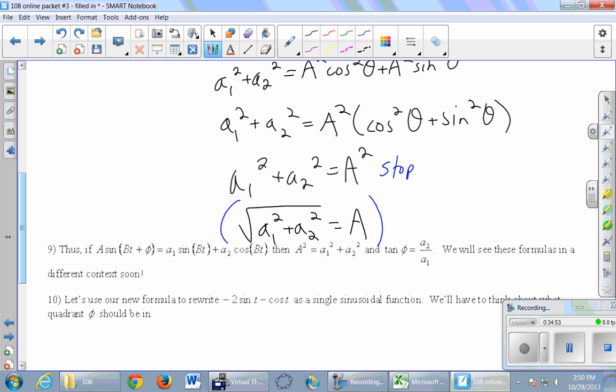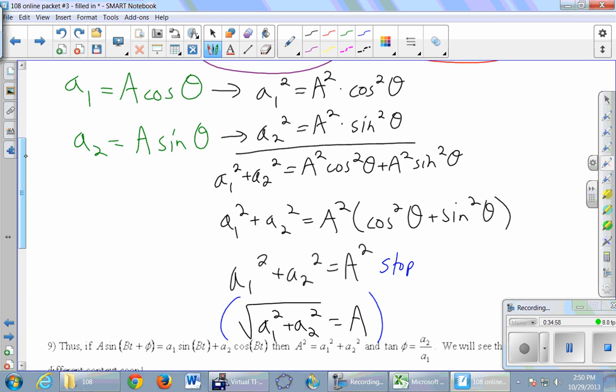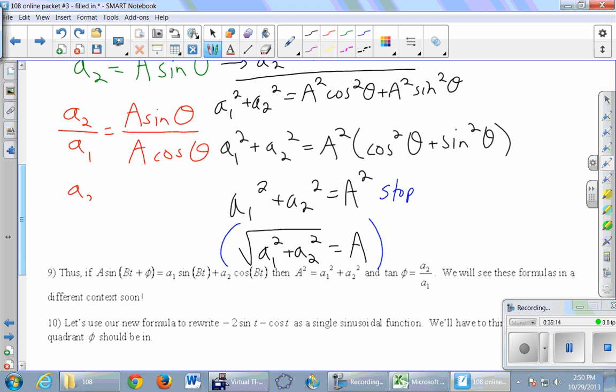And then to find theta, it's actually easier. So let's go back up to my two green equations here. I'm going to divide the second equation by the first equation. So the bottom equation divided by the top equation equals the bottom equation divided by the top equation. And what nice thing happens here? Well, the capital A's cancel. So we just get A2 over A1 is sine theta over cosine theta.